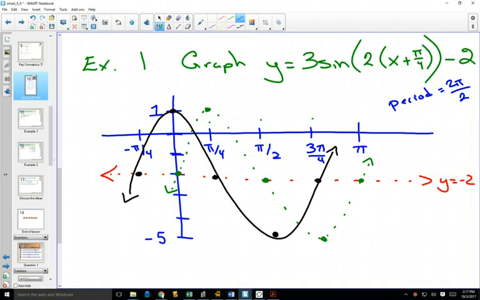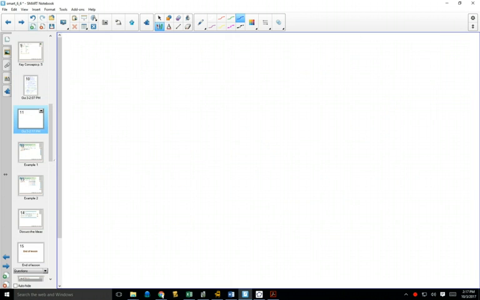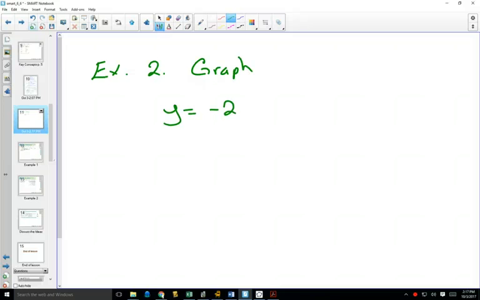We ready for a second example? All right. Example 2. y equals -2 cos(pi x minus 0.25) plus 4.